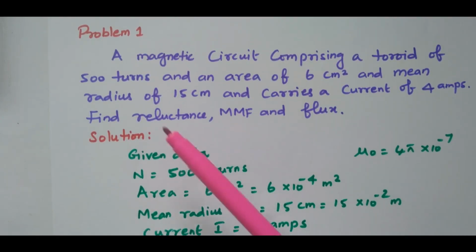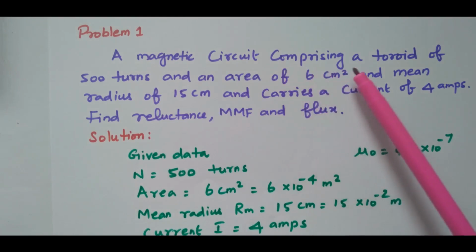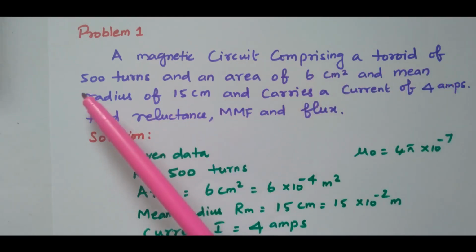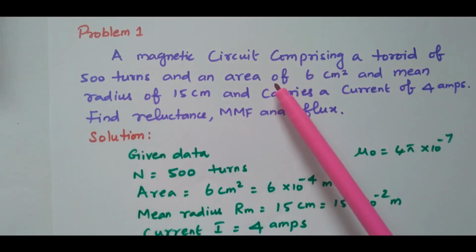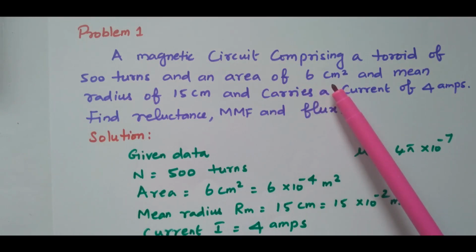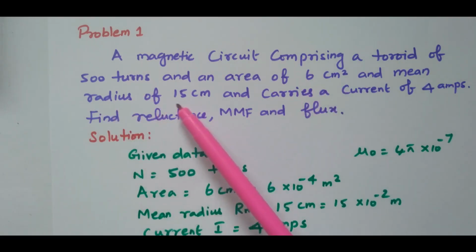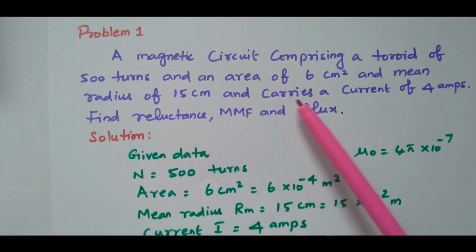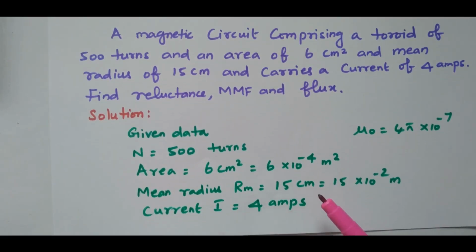Problem one is a magnetic circuit comprising a toroid of 500 turns, area of 6 centimeter square and mean radius 15 centimeters, and it carries a current of 4 ampere. So the number of turns is 500. Area is 6 centimeter square, that is 6 into 10 to the power minus 4 meter square.